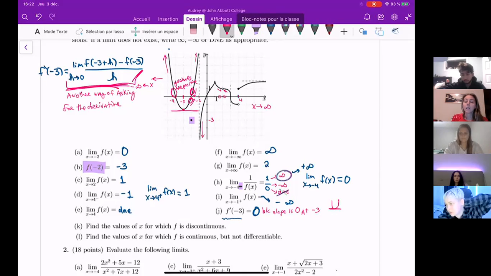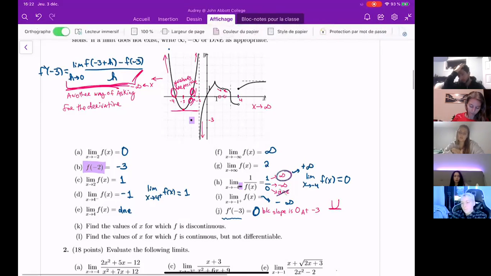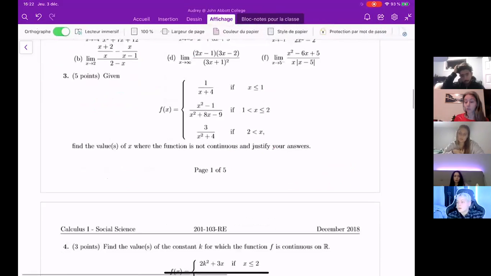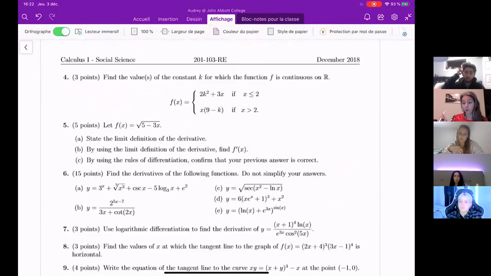So yes, Maureen. As annoying as that is, this could show up. What is specifically not on the final is we're not going to ask you to calculate a derivative using that definition. So like this question right here, question 5 will definitely not be on the final.